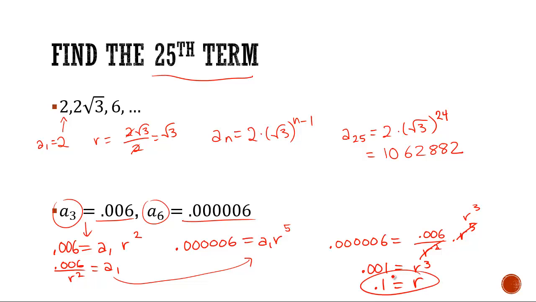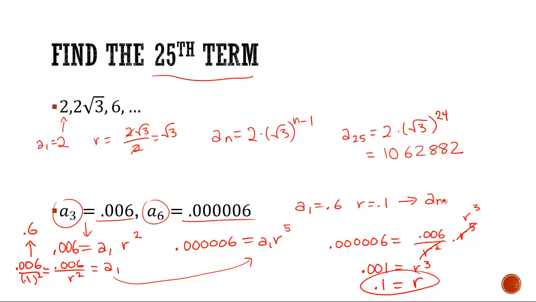So the ratio is 0.1, and we can also find the first term by plugging that in here, so that's 0.006 divided by 0.1 squared, which gives you 0.6. So that tells us that A1 is 0.6 and the ratio is 0.1.